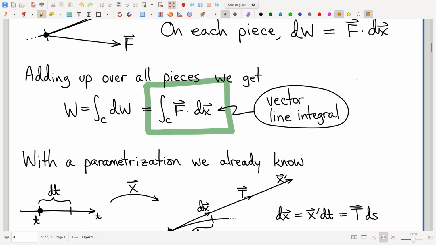Our integrand, what I'm going to call our integrand, right, is a vector field. And that's unfamiliar. We've not really seen such a thing before. And then even worse, our differential is a vector differential. It's the dx vector. It represents change in position. That's a vector change in position.